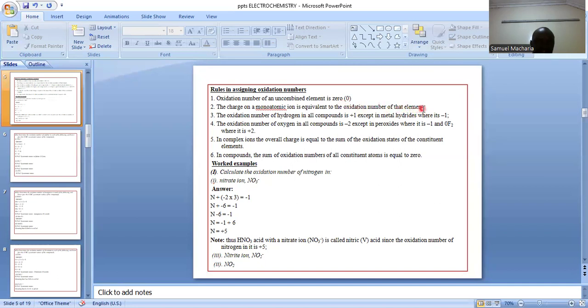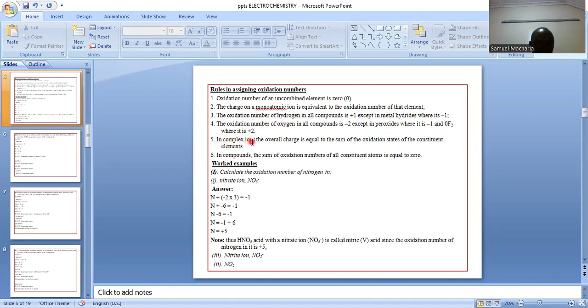For example, the one we have given for aluminum 3+, the oxidation number is +3. Number 3, the oxidation number for hydrogen in all compounds is +1, except in metal hydrides, where it is -1. Then number 4, the oxidation number of oxygen in compounds is -2, except in peroxides, where it is -1, and oxygen fluoride, where it is +2.